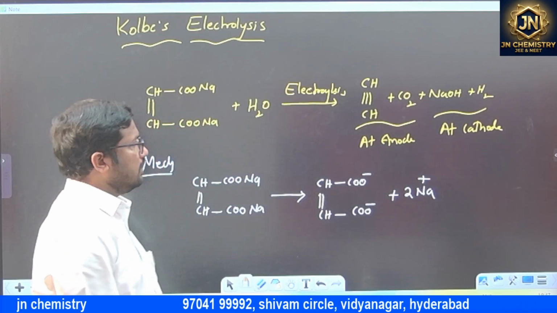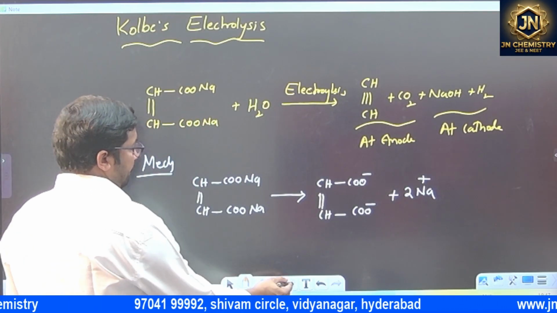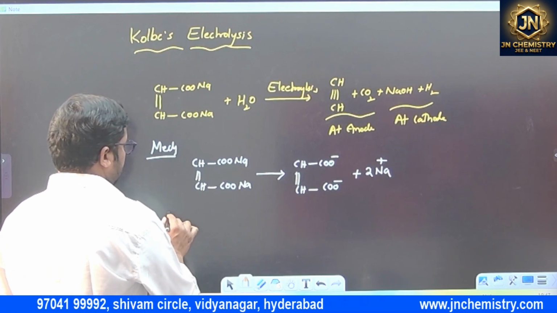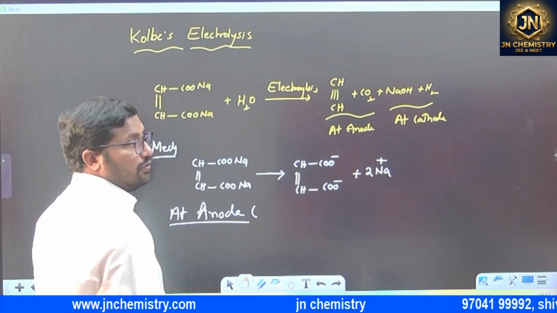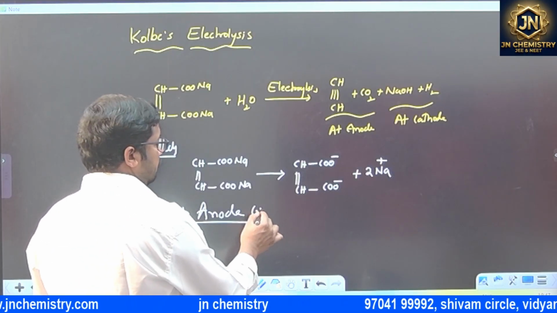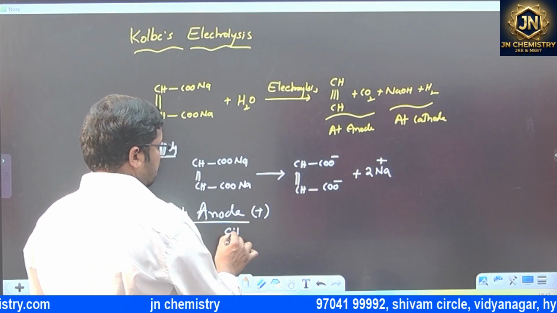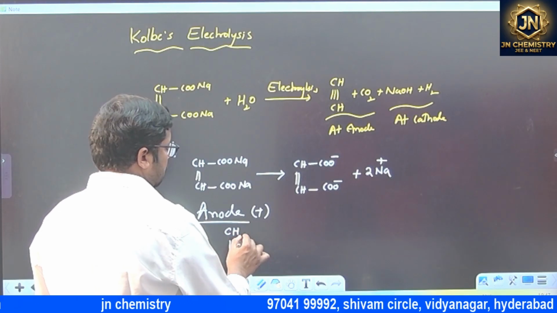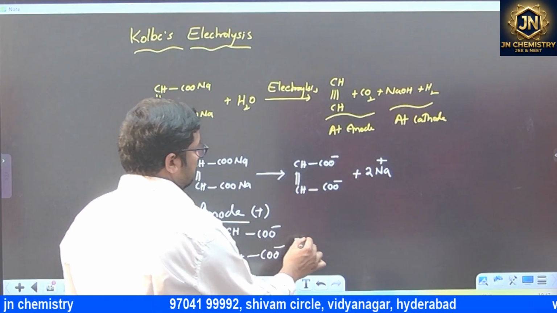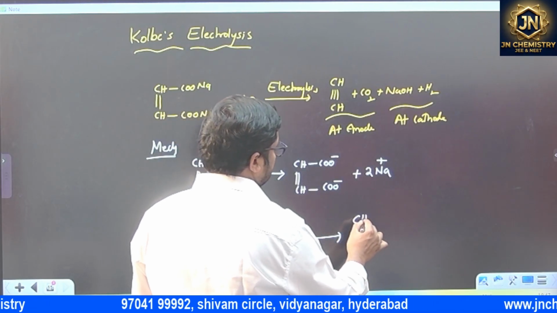Two Na plus now. The anode is positively charged. So here is CH triple bond CH, CO minus. At anode, which reaction takes place? Oxidation.